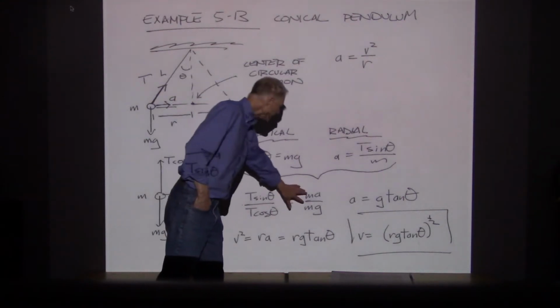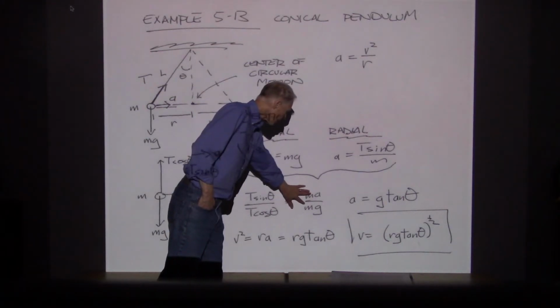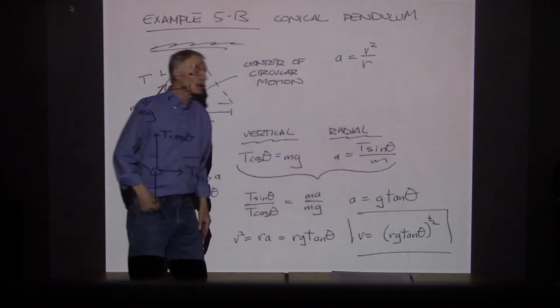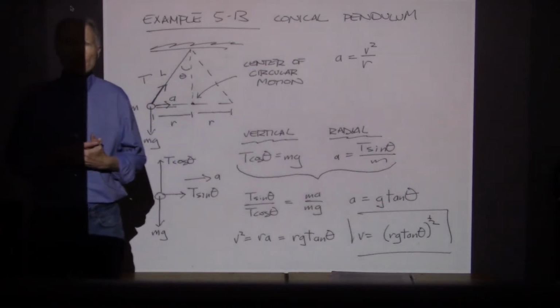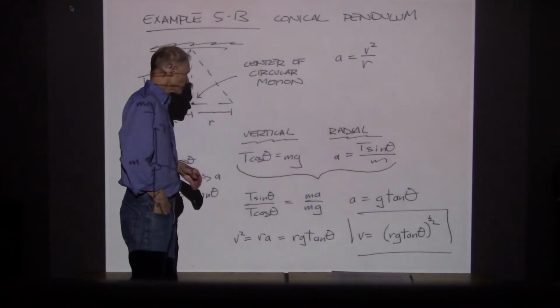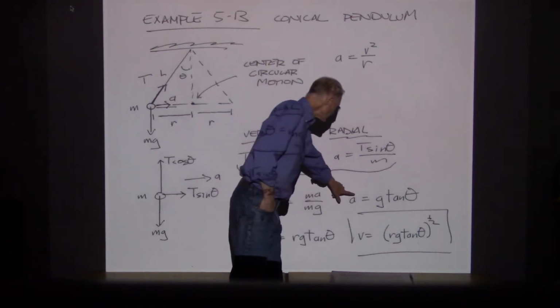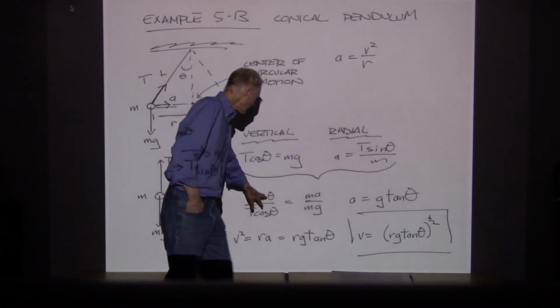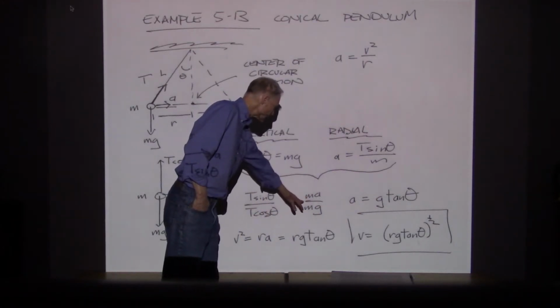Notice what also happened here is the m's dropped out. This is a gravitational mass. This is an inertial mass, but they cancel out. So the m's are gone. And that leads us to saying that the acceleration then is given by g tan theta. That's what we're going to have from this equation right here.